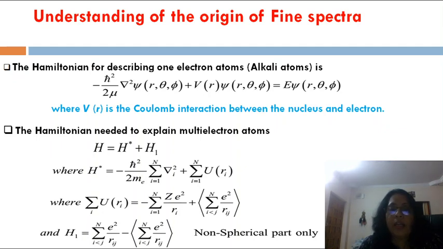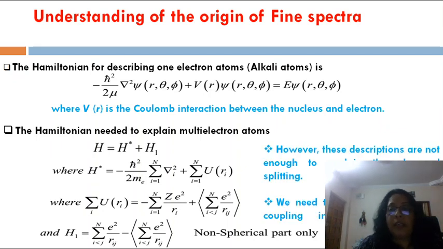Here we solely consider that either electron nucleus interaction or electron electron interaction are responsible for the origin of spectra. But whatever splitting or doublet we are observing, we can't explain by using this. We can't observe that splitting in this description.